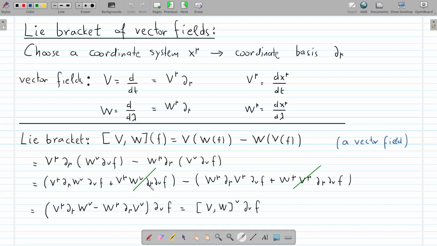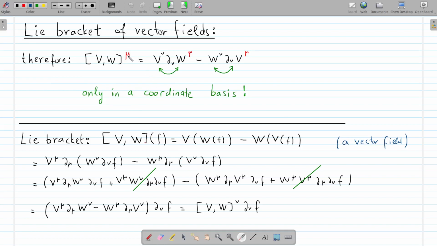But because the partial derivatives commute, those terms cancel out, and if we take d nu f as a common factor, the common factor is this one. And this is nothing but the expansion of this vector in the coordinate basis d nu. So this is actually the new component of the commutator of V with W.